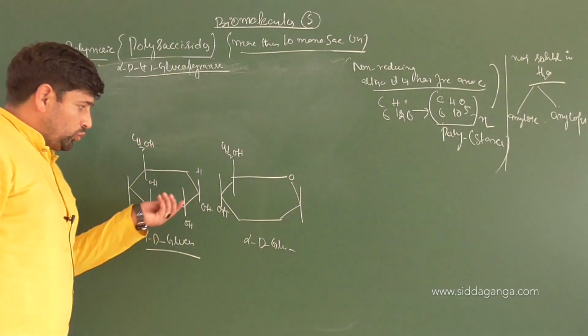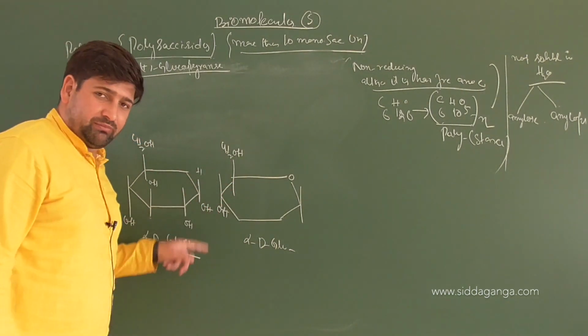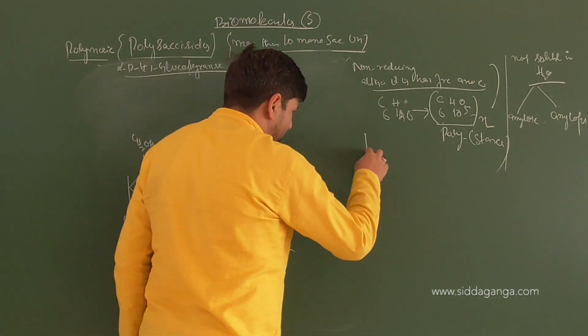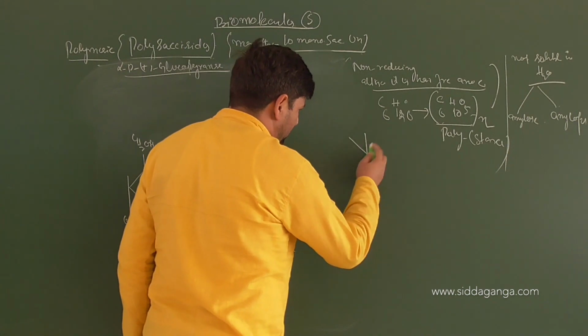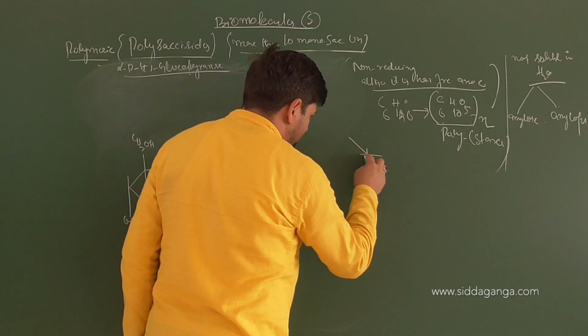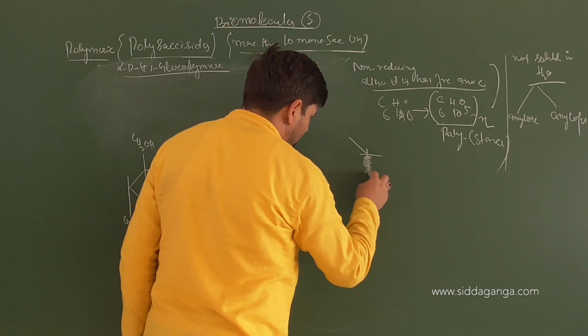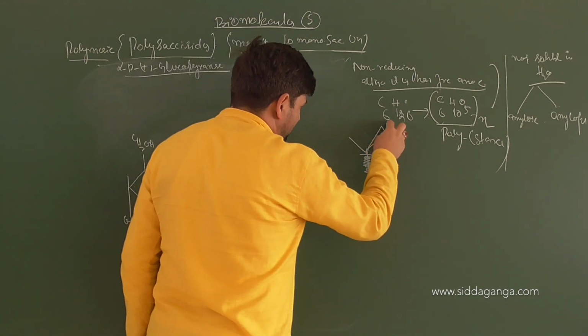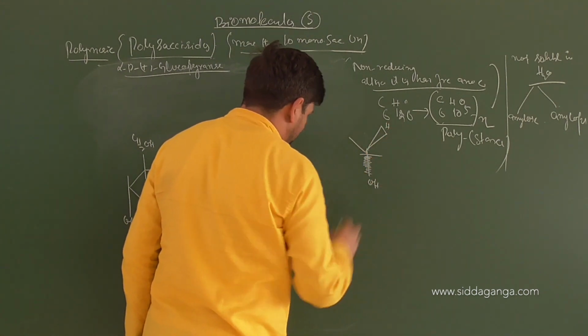Now, these OH and OH, both of these are below the plane. If you want to see the bond line notation here also, how exactly these OH groups are arranged with respect to that carbon atom: this is downwards, so this will be dashed, and then there will be a wedge. So this H is above the plane and this OH is below the plane.